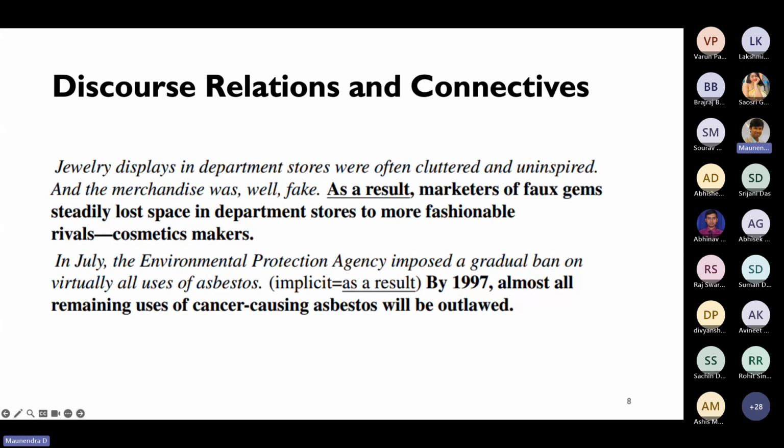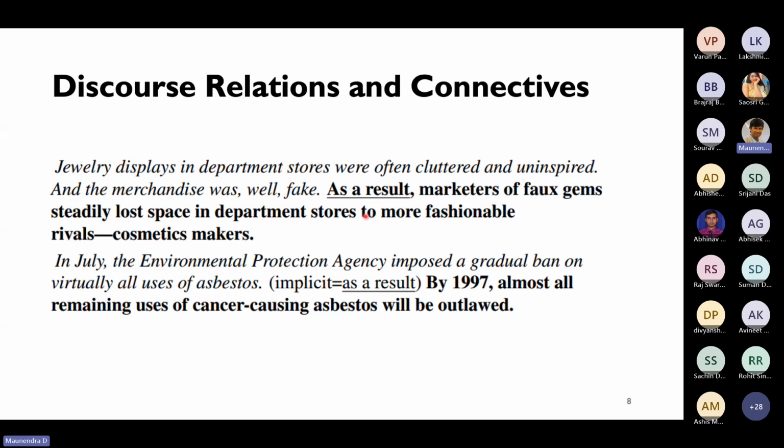So we have the first example here, which says: jewelry displays in department stores were often cluttered and uninspired, and the merchandise was, well, fake. As a result, marketers of Fox Gems steadily lost space in the department stores to more fashionable rivals, cosmetic makers. If you look at these two sentences, the first one gives a reasoning and the second one is a result of that.